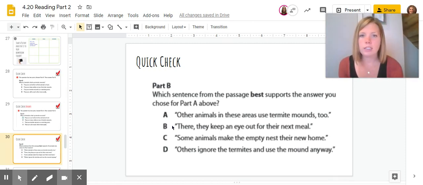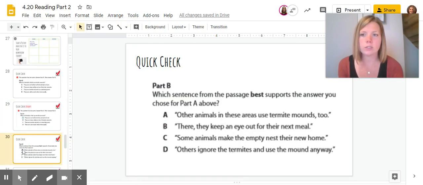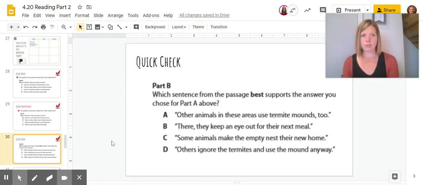B says there they can keep an eye out for their next meal. C, some animals make the empty nest their new home. D, others ignore termites and use the mound anyway. Again, we're trying to prove that they can see farther to find animals to hunt. So take a look at those options again. I'll give you a few seconds to think.